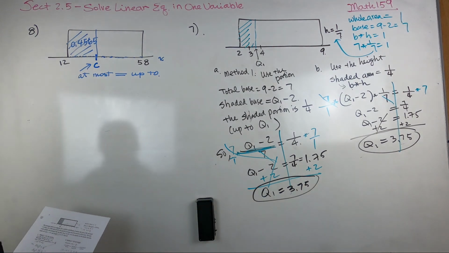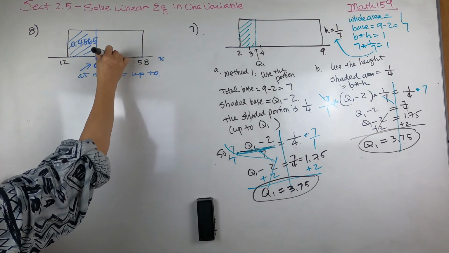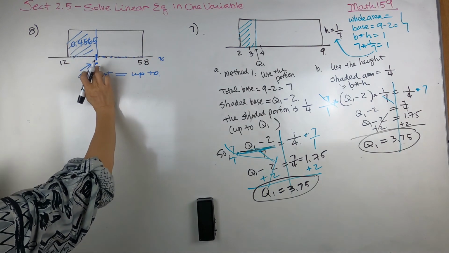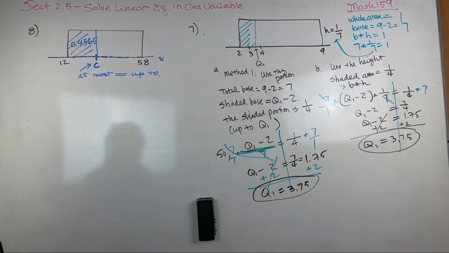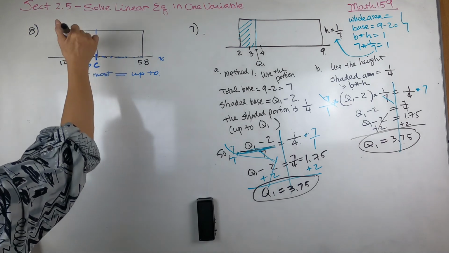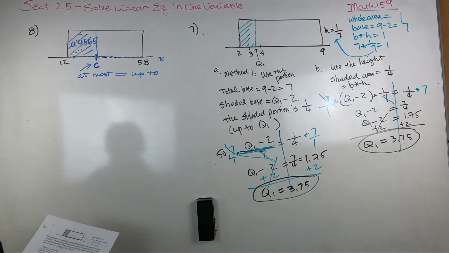Any variable x on this line can be 12, 13, 14, or c, or all the way to 58. But up to c, the probability is around 45%. So we want to find the c. That's what he's talking about, right?